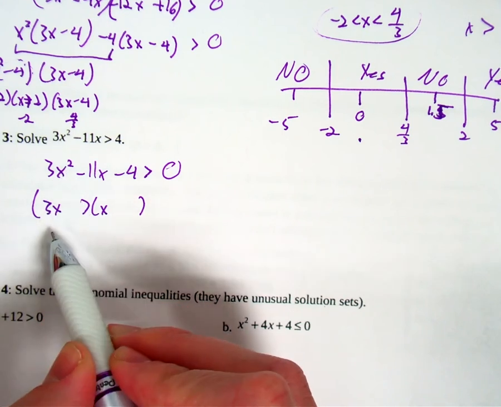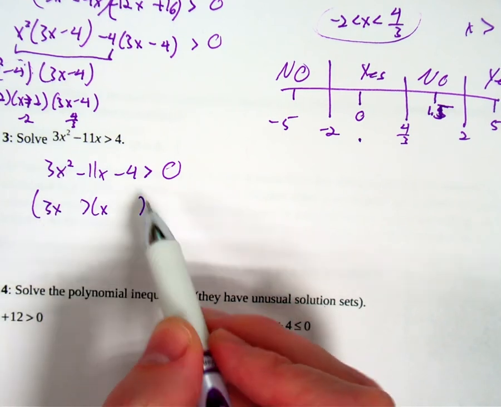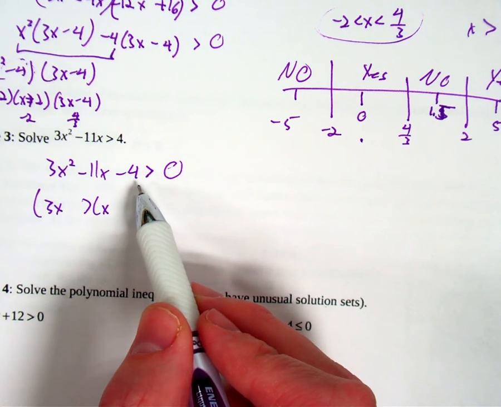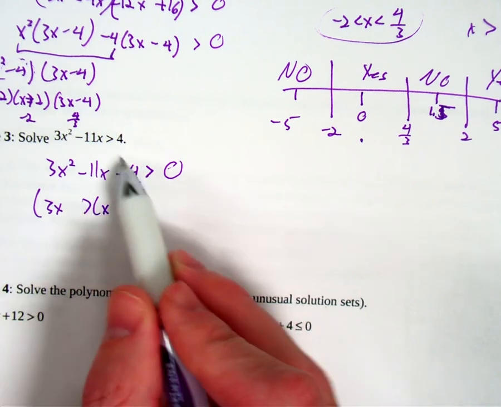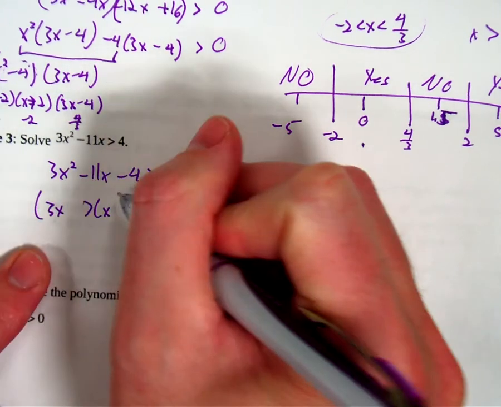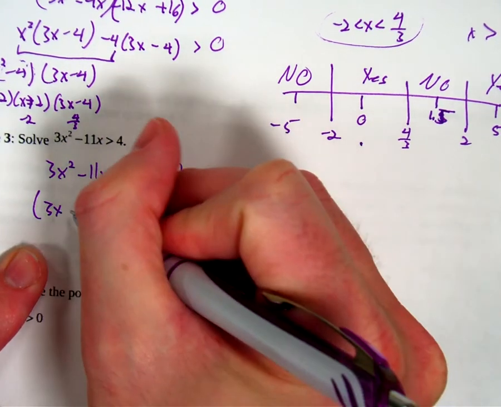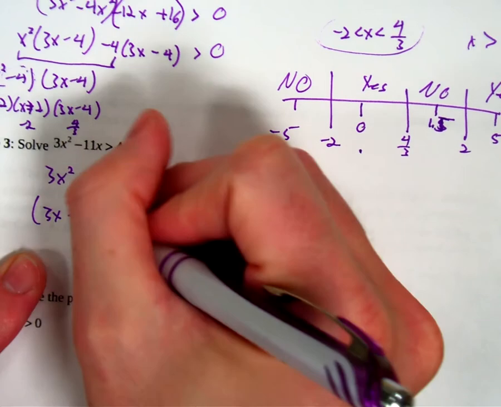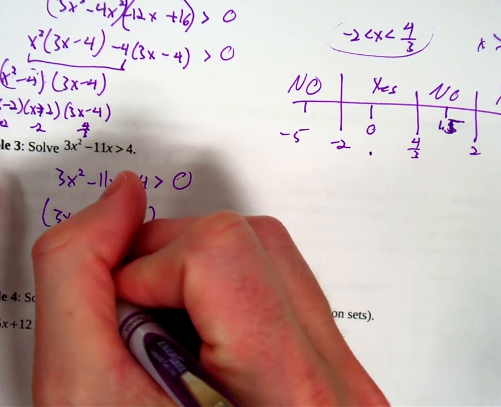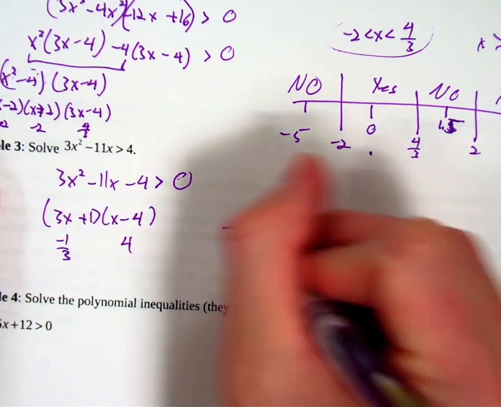One of them's got to be a 3, one of them's got to be 1. Limited choices here with -4. You either got 2, 2, or 4, 1, and we need a -11 in the middle. So that's kind of screaming that we need the 3 times a 4, and then plus 1 to bring it back down to just -11. So our answers are -1/3, +4.